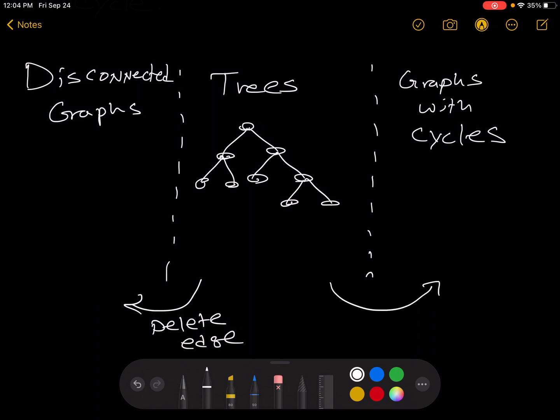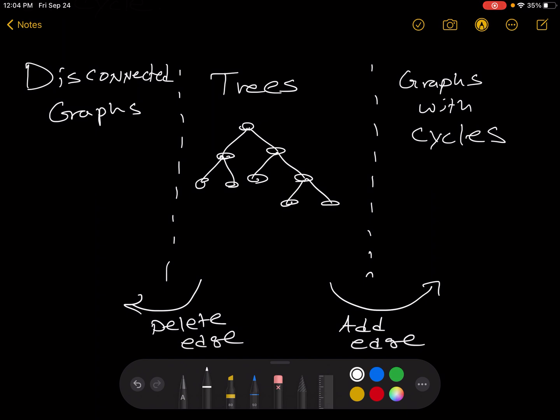And when you add an edge to a tree, you move the tree into the land of graphs with cycles. So trees are these special graphs that live in between all of the disconnected graphs and all of the graphs with cycles. Think of these dotted lines as like the edge.